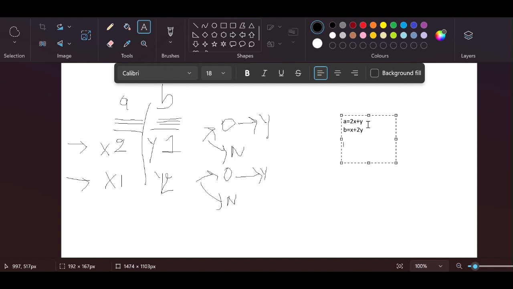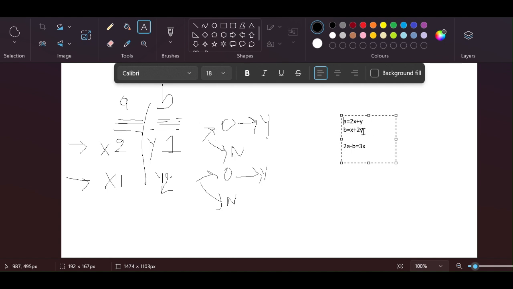So, if we solve these two equations, we get 2a minus b equal to 3x, because we have to multiply equation 1 by 2 in order to solve these two equations. So 2a is equal to 4x plus 2y, and b is equal to x plus 2y.